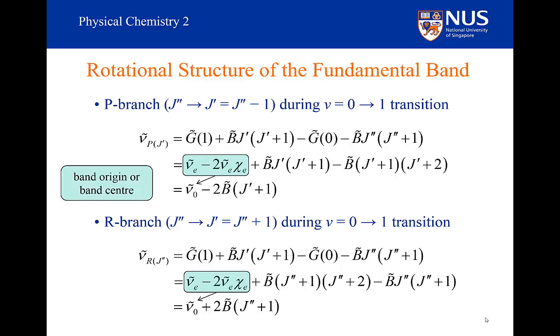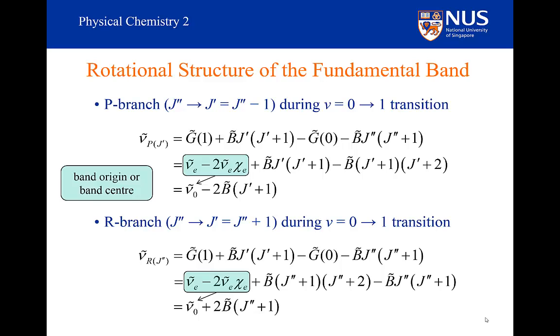In the P branch, I define it in terms of J prime, the final J value, and in the R branch in terms of J double prime. This is solely to show the similarity between the expressions. Note that we never get a transition at exactly the fundamental frequency. These two equations define all the possible spectral lines in the P branch and in the R branch.